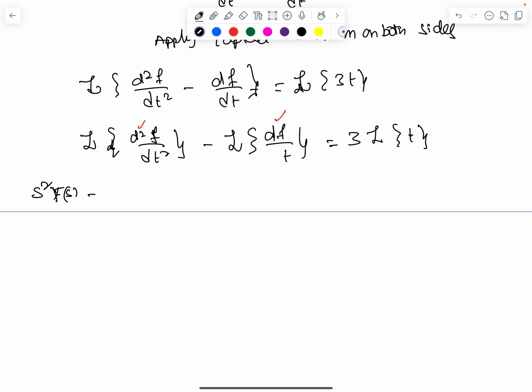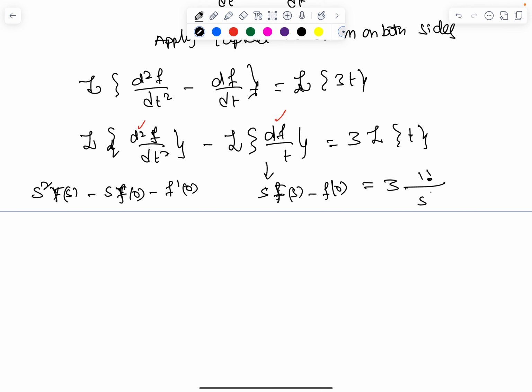Therefore, minus s into f of 0 minus f prime of 0, and here this is like s into f of s minus f of 0, which is equal to 3 into the Laplace transform of t power n, which is n factorial divided by s power n plus 1.